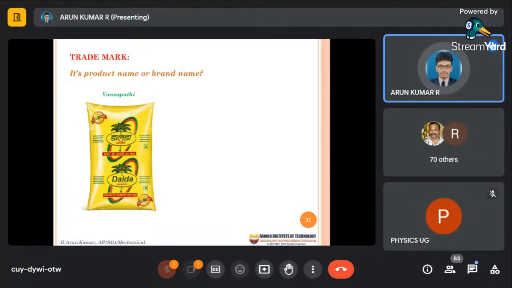Here the name of the brand has overtaken the product name. That is the beauty of trademark. Once the consumer or customer is used to your product, a day will come on which the customer will remember your brand name instead of the product name.